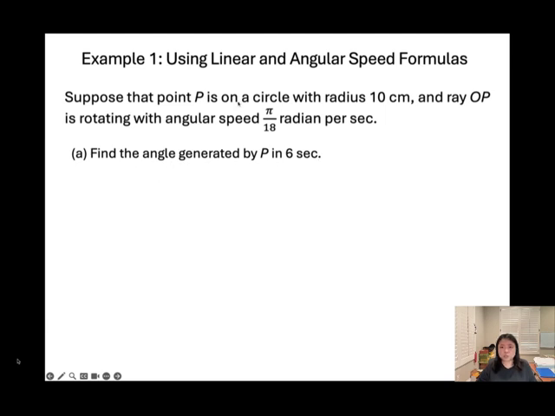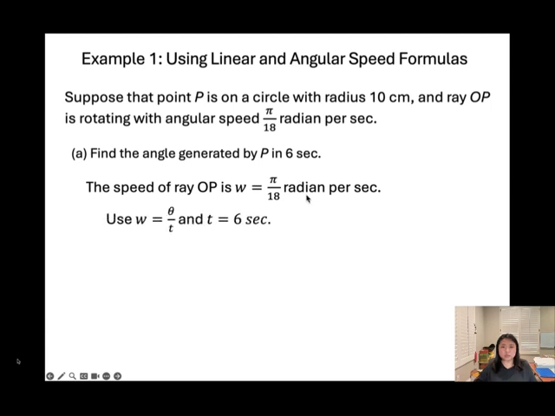Since we know W equal to pi over 18, we're going to start with the formula W equal to theta over T. And we know T equal to 6 seconds. So theta over 6 equal to pi over 18.